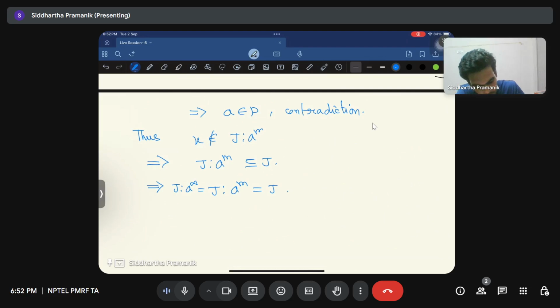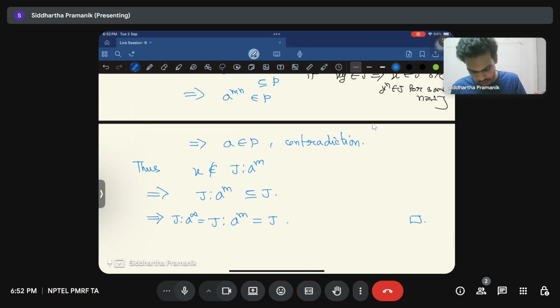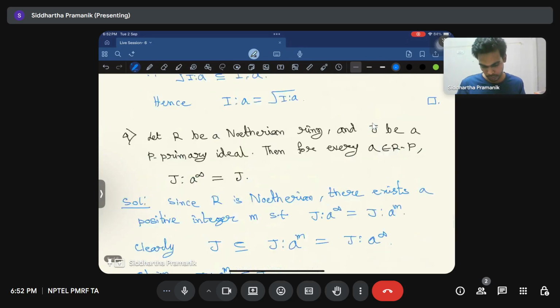And this completes the proof. So this is also quite straightforward, not much difficult.